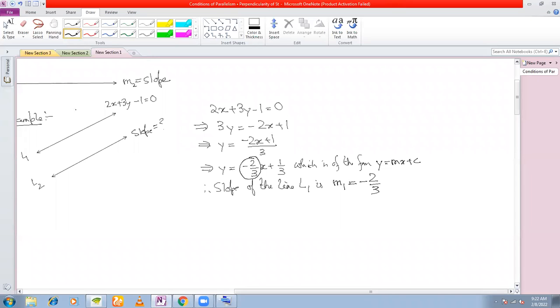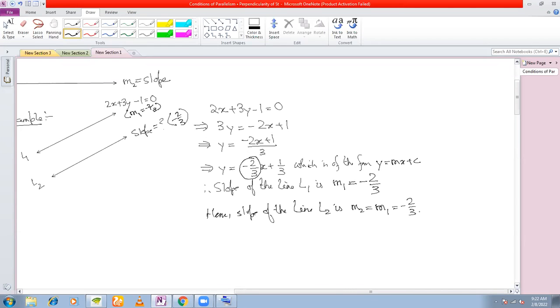Now if the slope of this line L1 is minus 2 by 3, and because these two lines are parallel, slope of this line must also be minus 2 by 3, right? Hence slope of the line L2 is m2 equal to m1, which is equal to minus 2 by 3.